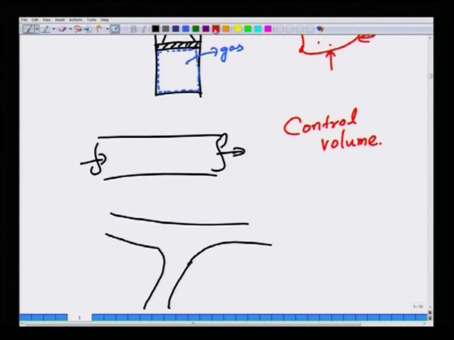The control volume we may choose to be something like this. It is completely imaginary, it just aids our problem solving. We may choose it so that it is present just inside the surface of the conduit of this Y shaped, T shaped conduit. So, there are surfaces where fluid comes in and there are surfaces where fluid leaves.